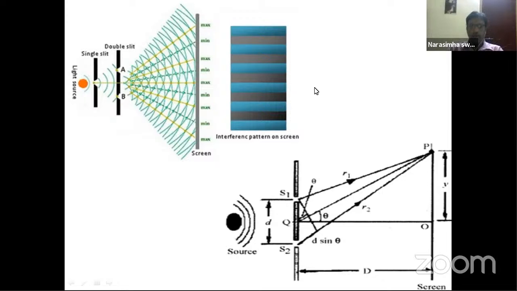The other day we discussed related concepts, and now we incorporate the new concept that we're discussing: Young's double slit experiment. Okay, so Young's double slit experiment. Here we are using light.